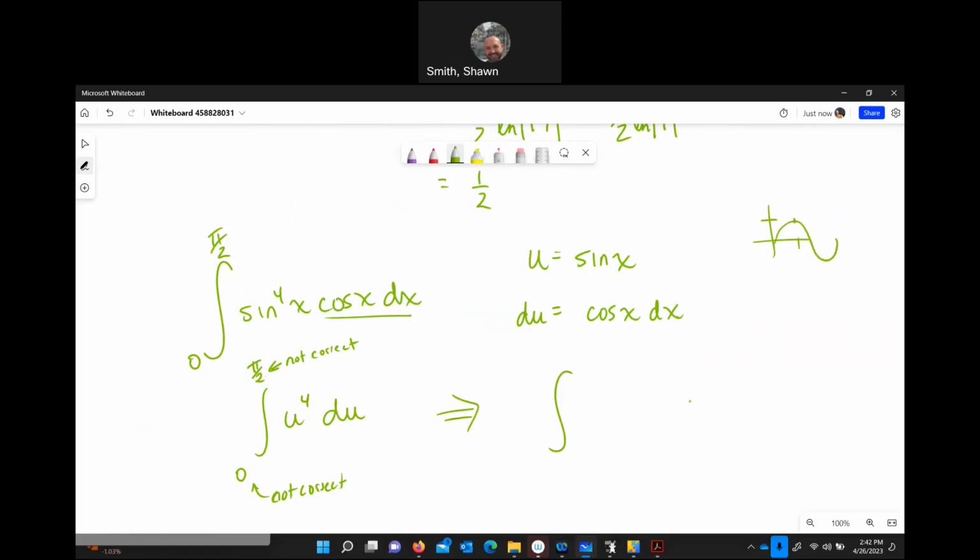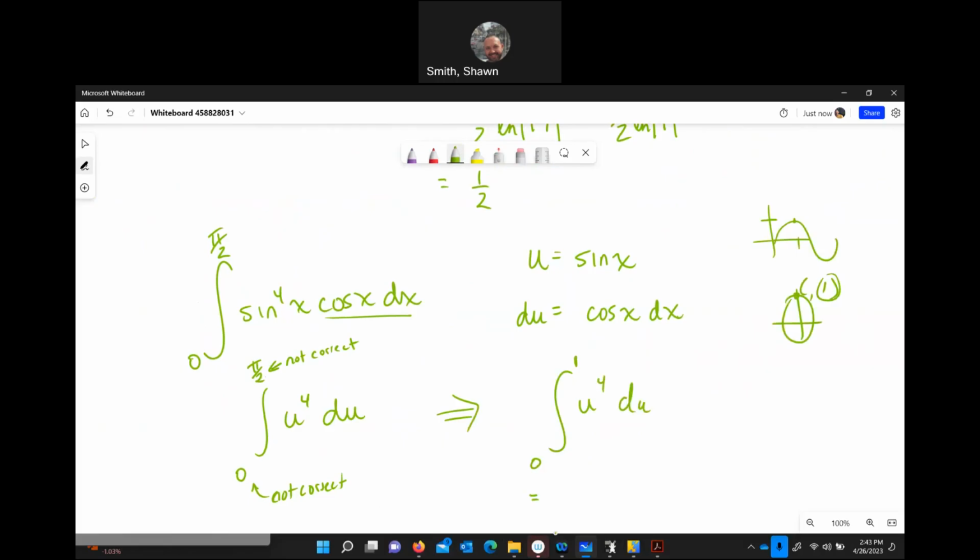On the unit circle, it's 1, right? So that goes up to 1. What's the sine of 0? 0. So we're integrating with respect to u from 0 to 1 of u to the 4th du.